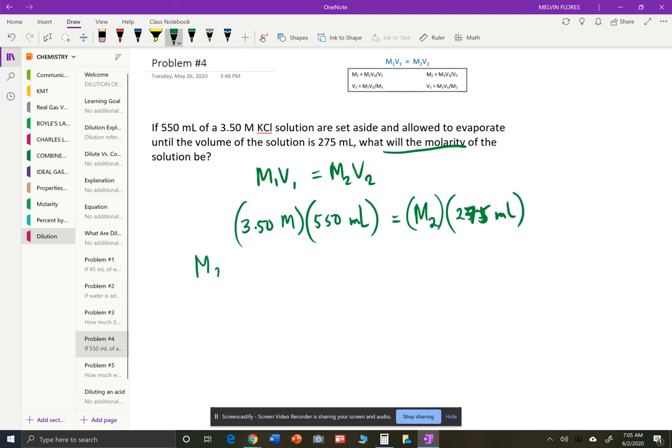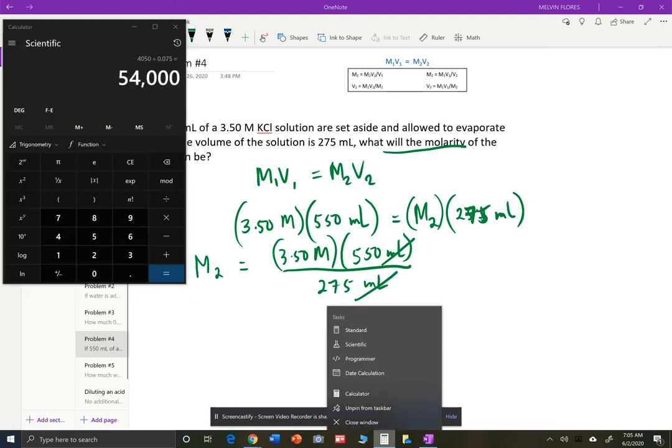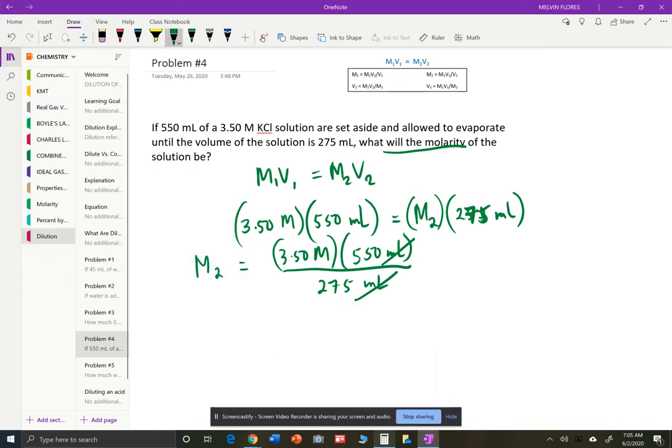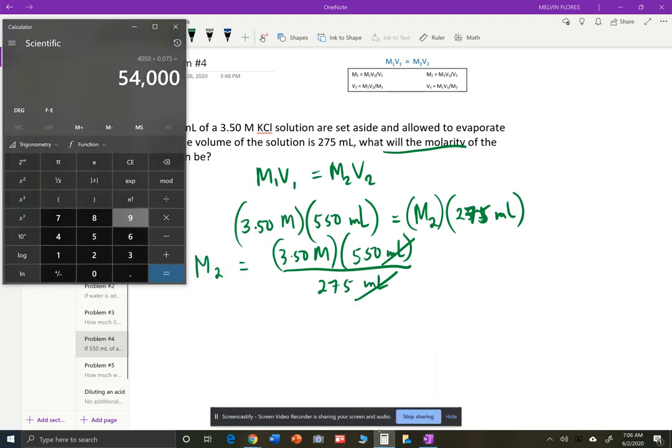Okay, so if we look for final molarity, that would be 3.50 molarity times 550 ml divided by 275 ml. And now you're ready to cancel that unit. So you get the molarity. Okay.